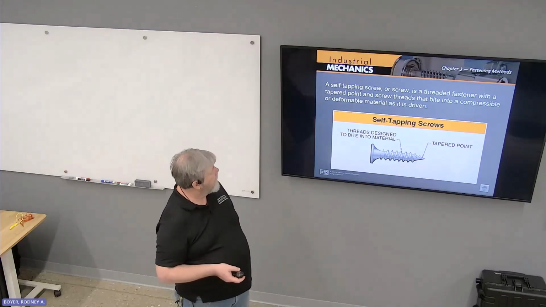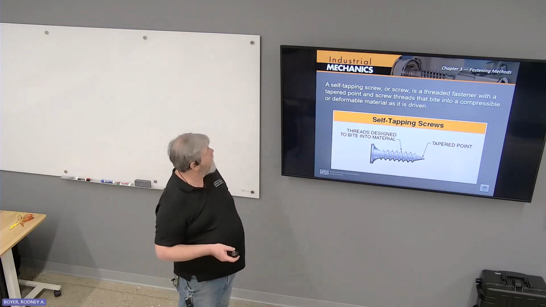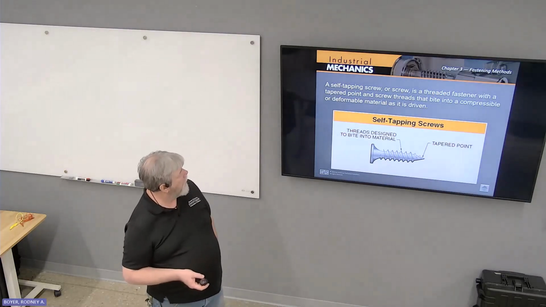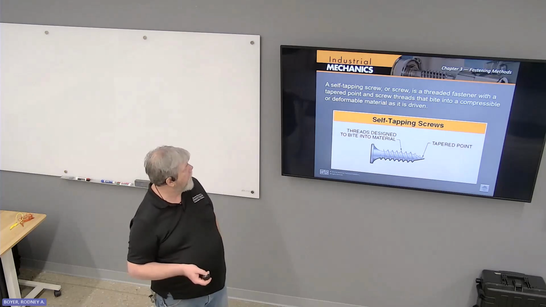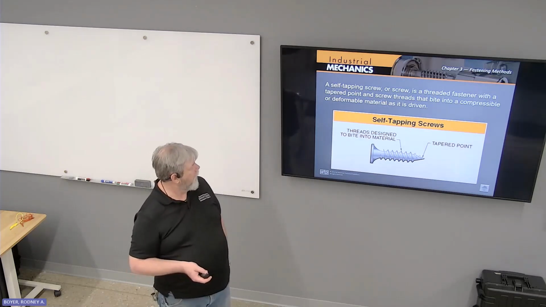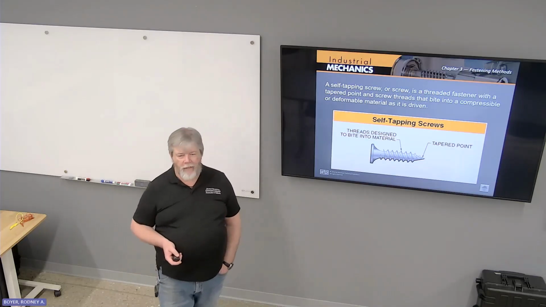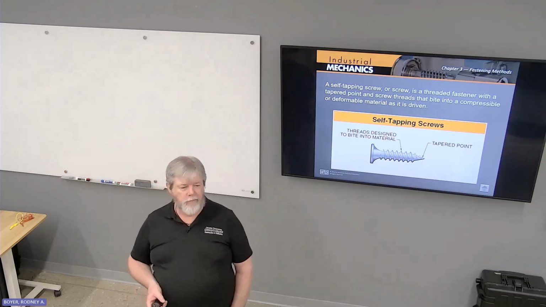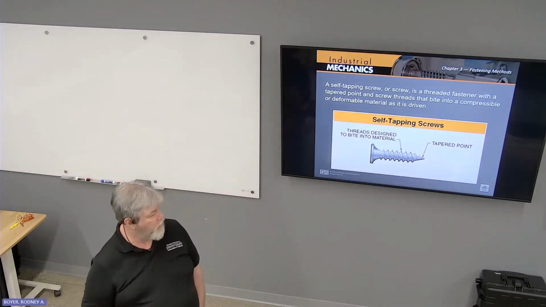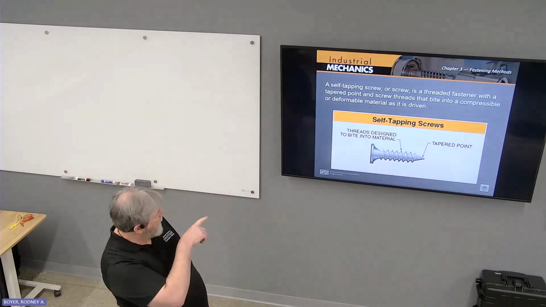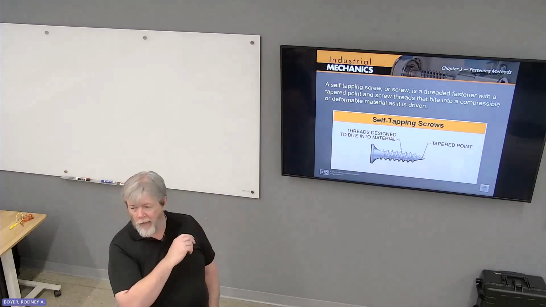Self-tapping: a thread fastener with a tapered point and screw threads that bite into a compressible or deformable material as it is driven. It'll also be a relatively coarse thread like that.